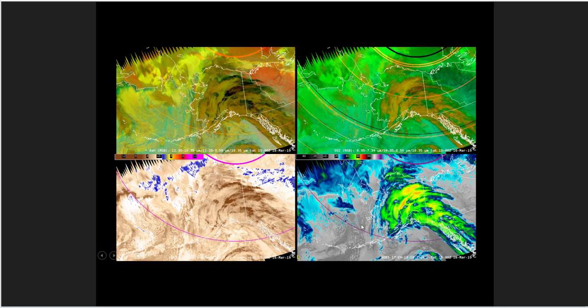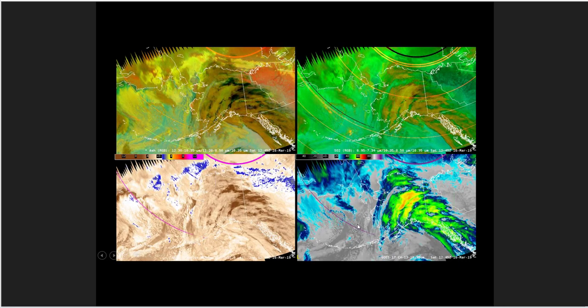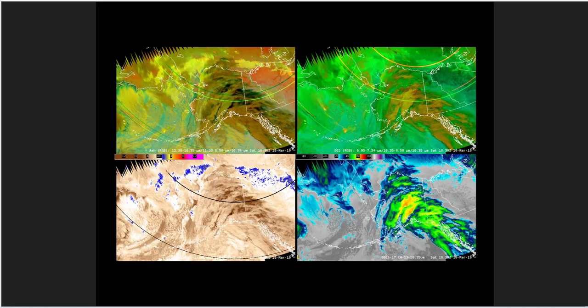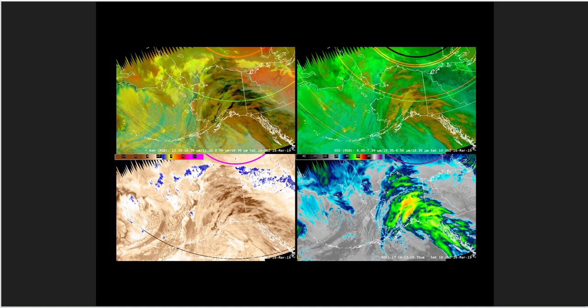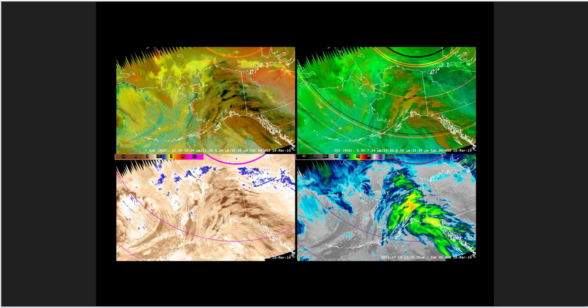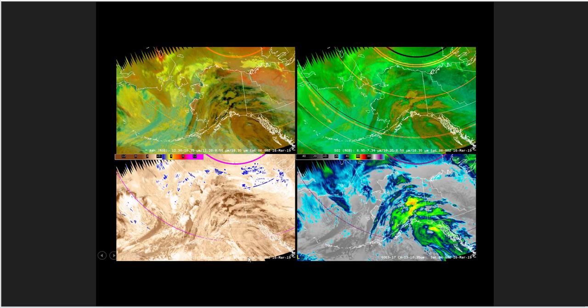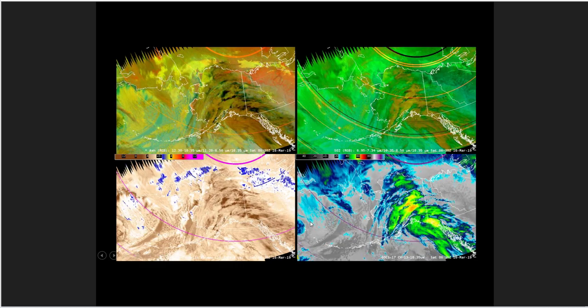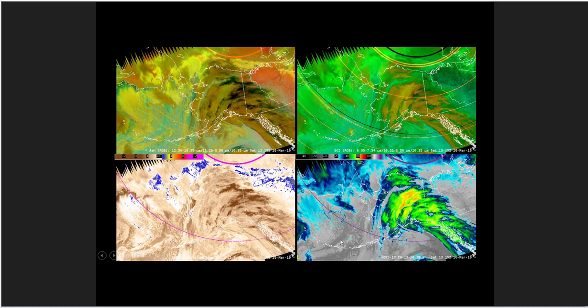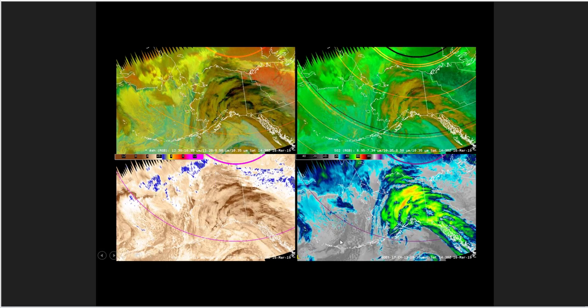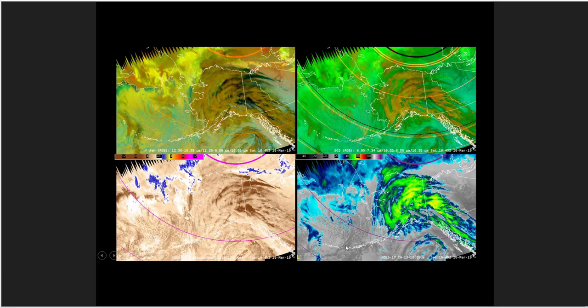And then this lower right is simply the standard IR channel, 10.35 microns, and you can see the plume. Get my cursor back. It's in this region, and then it becomes masked by background cloudiness, but you can see it. Let's see.